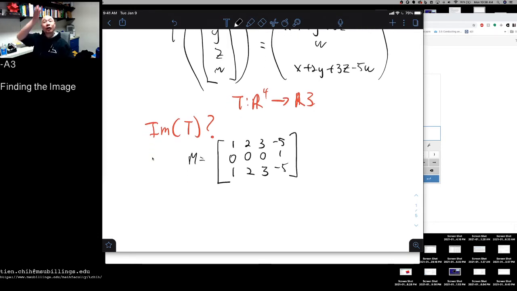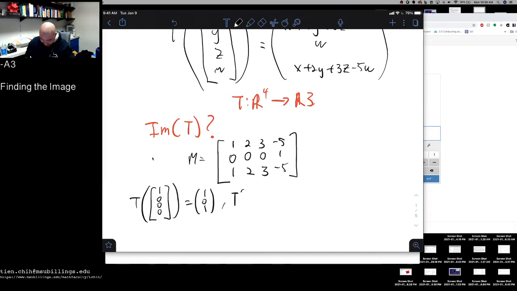And if you recall what the columns of the standard matrix do from the activities from this week, what this is telling you is that T of your standard basis gives you the columns. So T of 1, 0, 0, 0 is going to be 1, 0, 1.